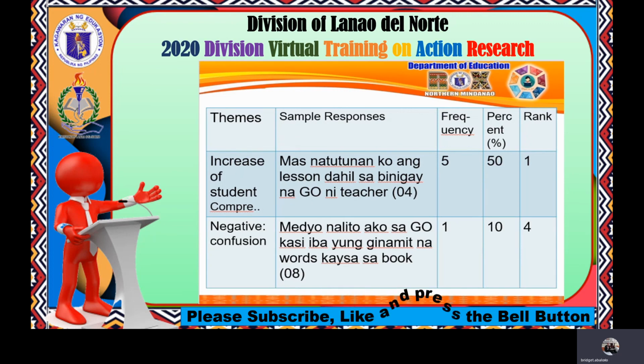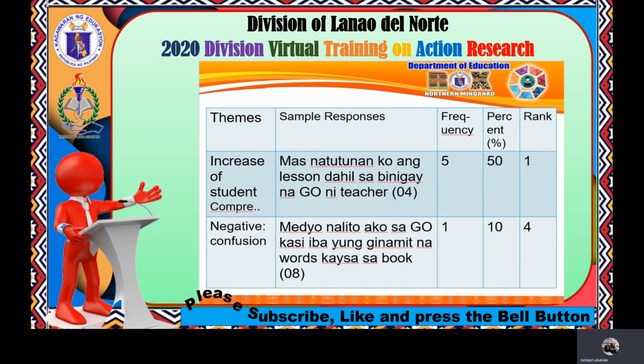So since it is 5 out of 10, then the percentage is 50. So of course, it ranked 1 or first since it is composed of many students who have a related or similar response. Okay, the last one, we have the negative or confusion theme.